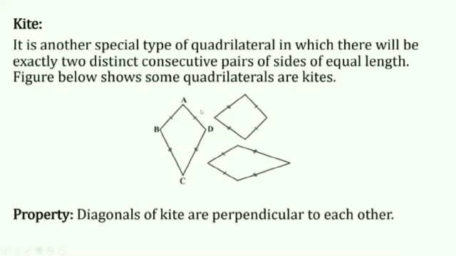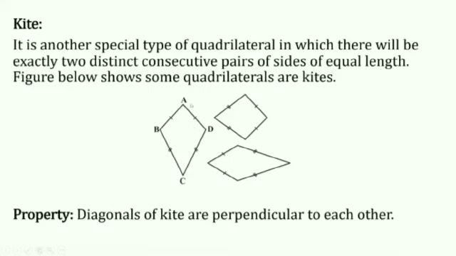Out of these 4 adjacent pairs, 2 adjacent pairs will be equal. Here AB and AD are equal, and BC and CD are equal. So a kite is a special type of quadrilateral in which there are exactly 2 distinct consecutive pairs of sides of equal length.